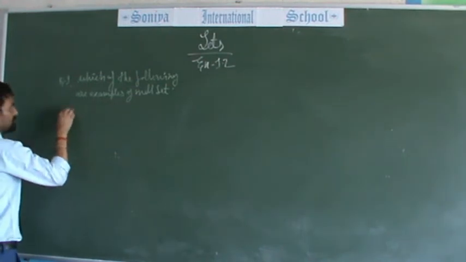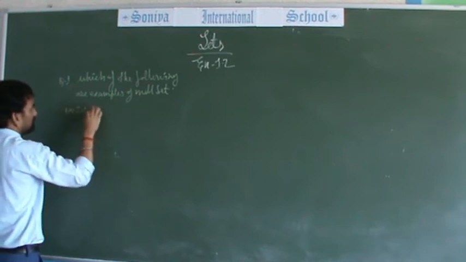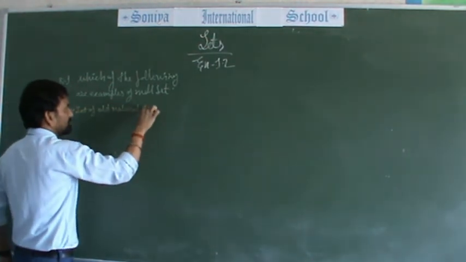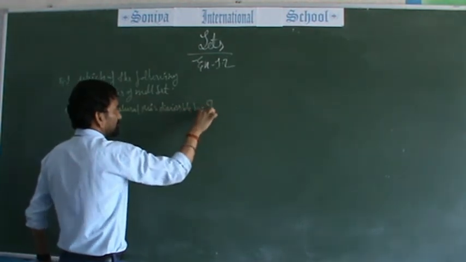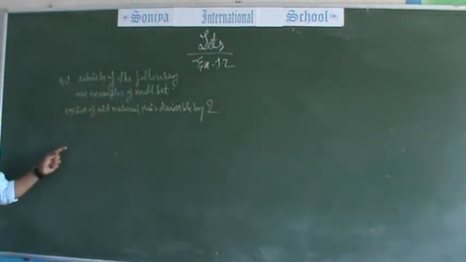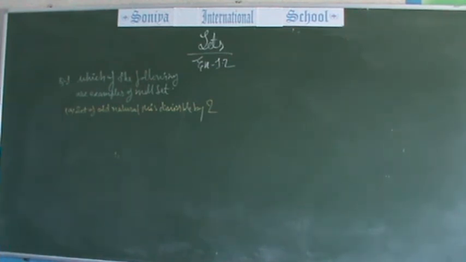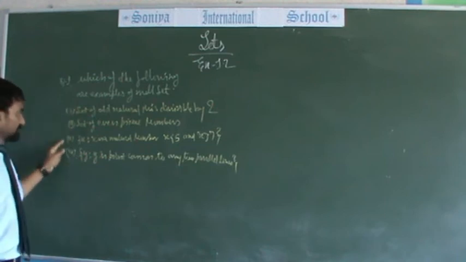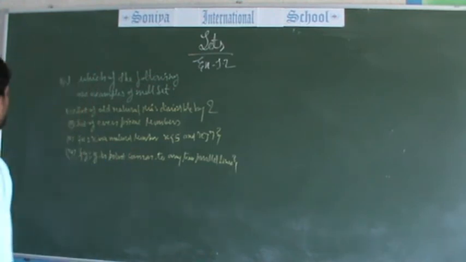The first part of the question is set of odd natural numbers divisible by 2. There are 4 parts in question 1 and we have to identify among these 4 given sets which are or which is the example of a null set.